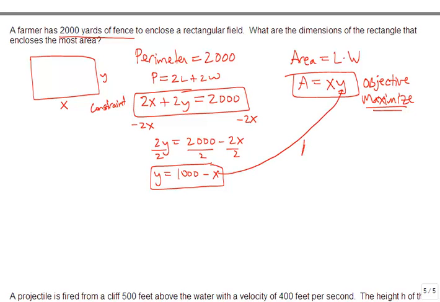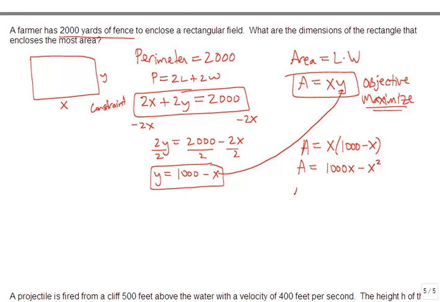So my objective for my area becomes x, and no longer times y, but instead times 1,000 minus x. And let's go ahead and distribute that x across, so we get 1,000x minus x squared. Now notice, this has a square in it, which means this is a quadratic function, and that's the whole theme of this video lecture today.